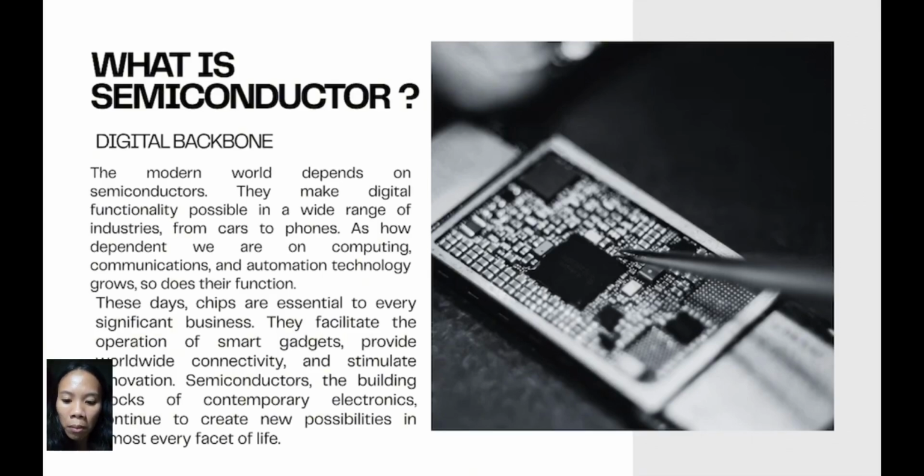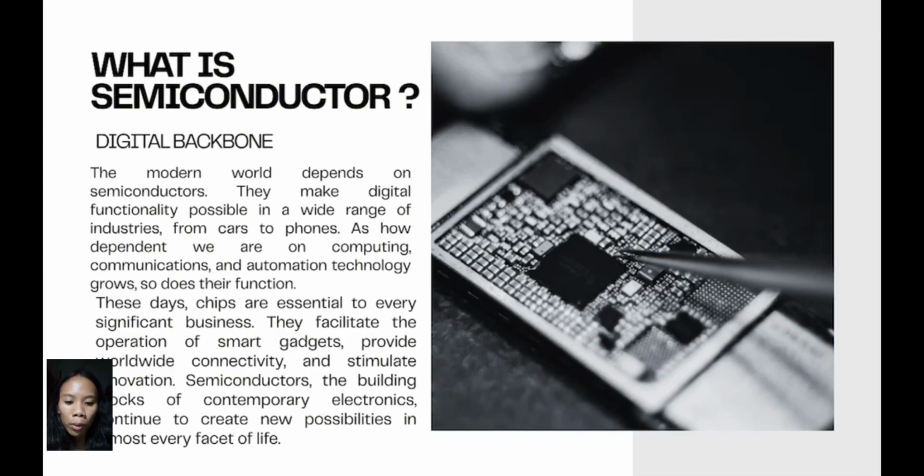Semiconductors, the building blocks of contemporary electronics, continue to create new possibilities in almost every facet of life. So the purpose is to act as the middle ground between conductors and insulators, giving engineers the ability to design devices in a way that drives modern technology.